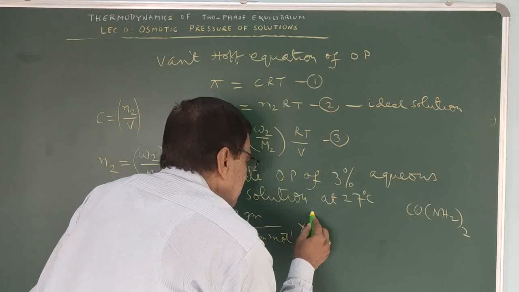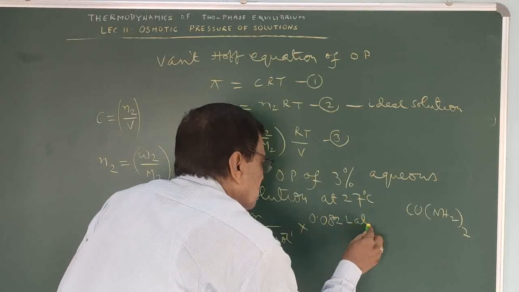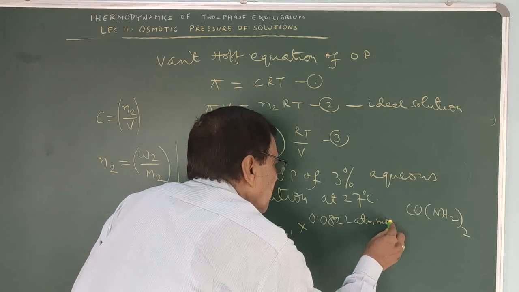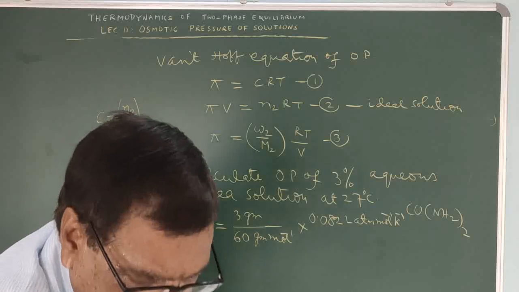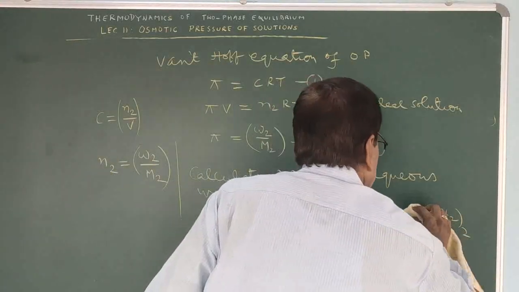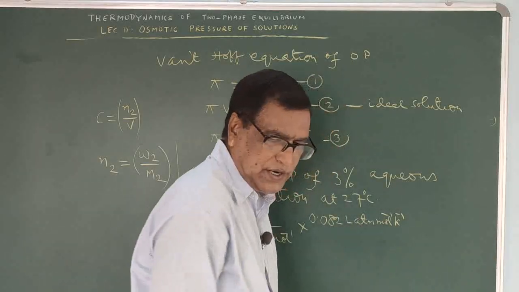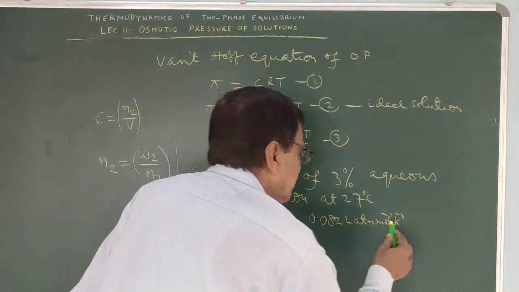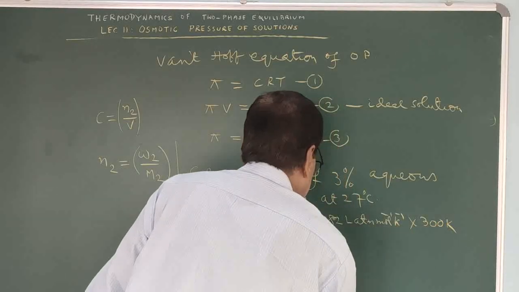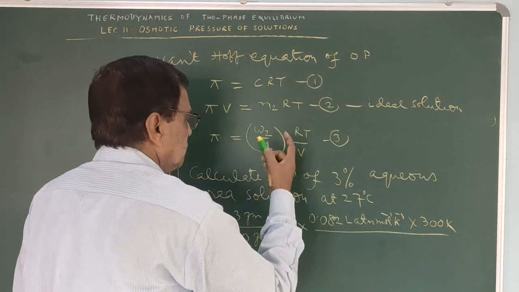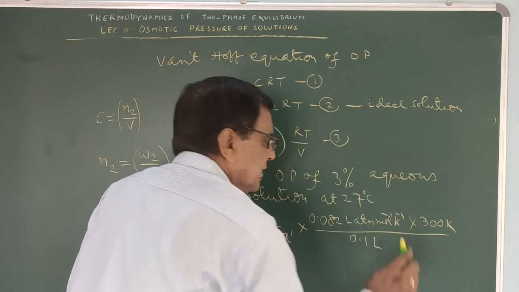Now R is 0.082 liter atmosphere mole inverse Kelvin inverse, and the temperature 27 degrees centigrade is added to 273 and becomes 300 Kelvin, divided by the volume in liters, so 0.1 liter.